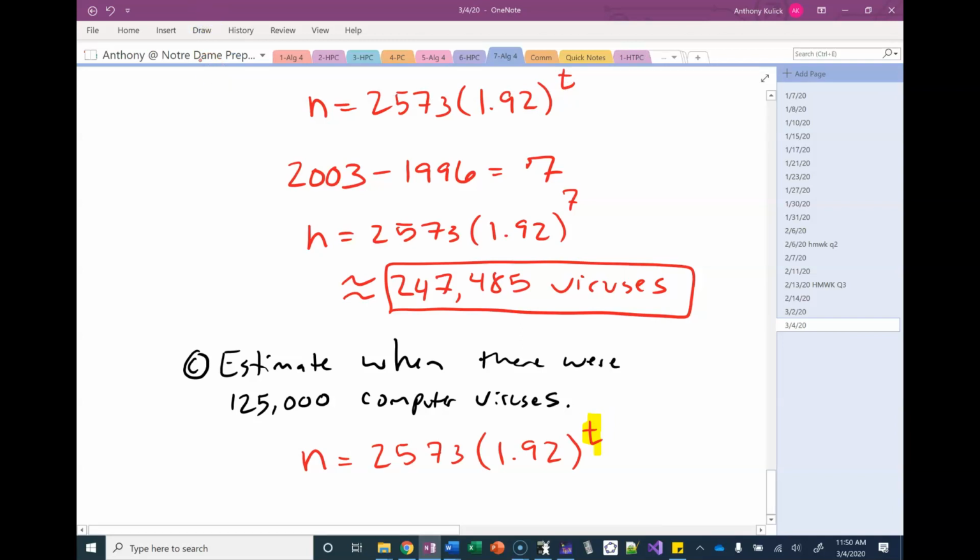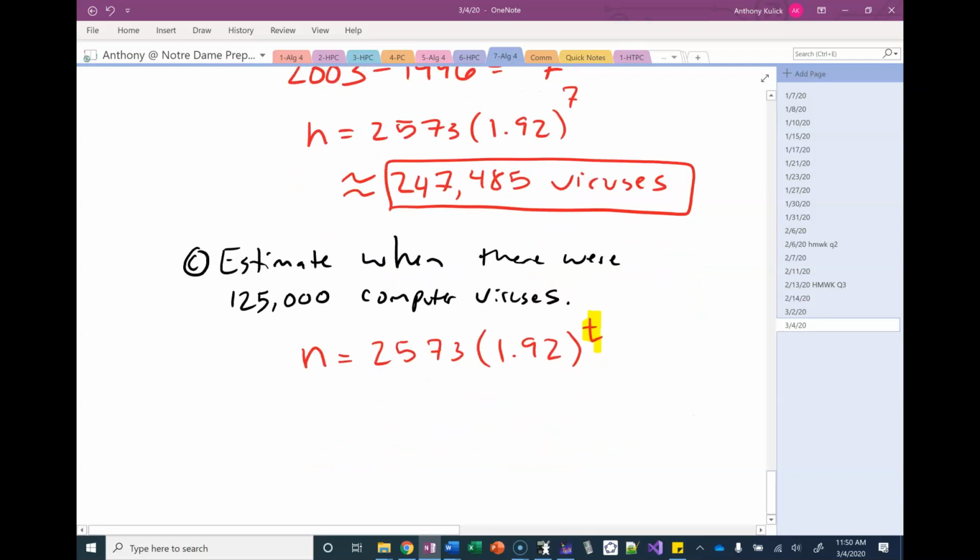It asks when in the question. When is a time question, right? Good. So what are we going to plug in for n then? 125,000, because that's our future amount, right? We're trying to figure how far in the future that's going to be. Everybody happy there?